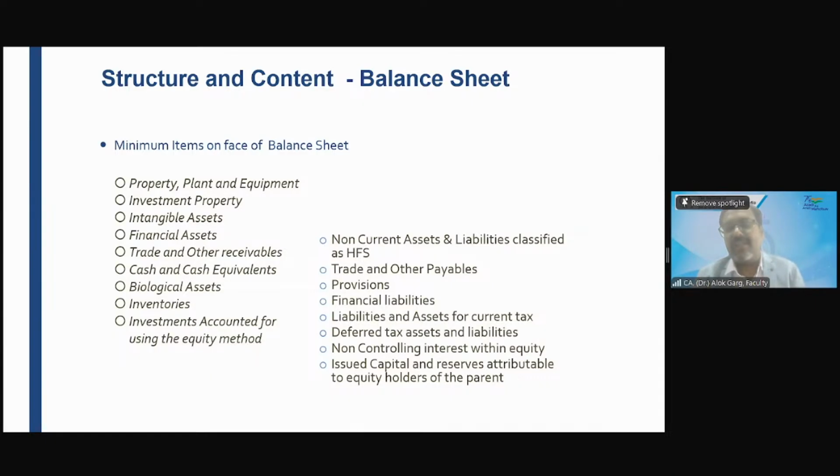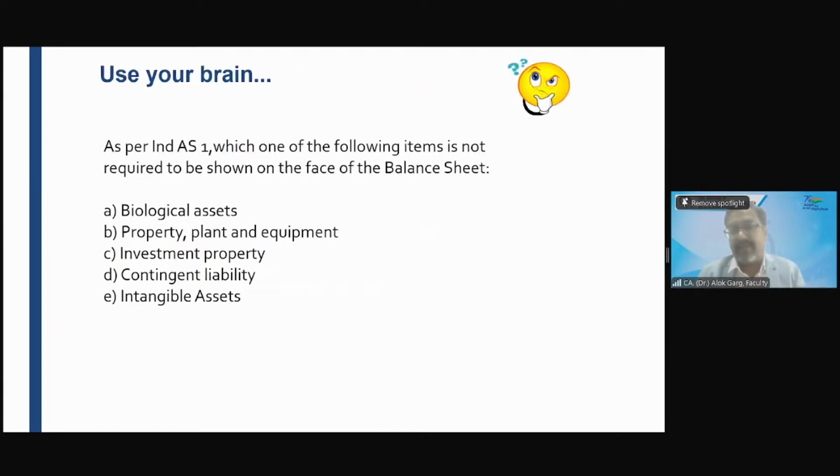But Ind AS 16 requires revaluation surplus disclosure regardless. So even if the revaluation surplus is 2%, it is still required to be disclosed in the notes to accounts. Why? Because Schedule 3 says my requirement is not the maximum requirement, it is the minimum requirement. And if Ind AS has more requirements, you need to follow those as well.